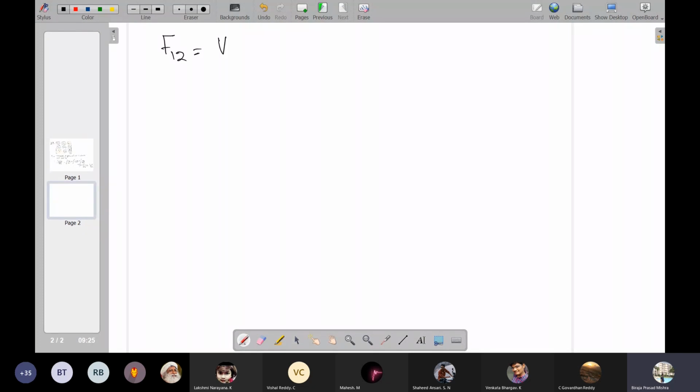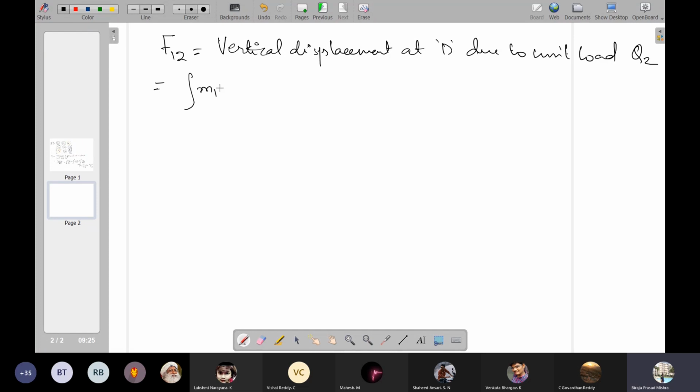F12 will be the vertical displacement at D due to unit load Q2. Okay, sorry. So it is integration m1 m2 dx divided by EI.